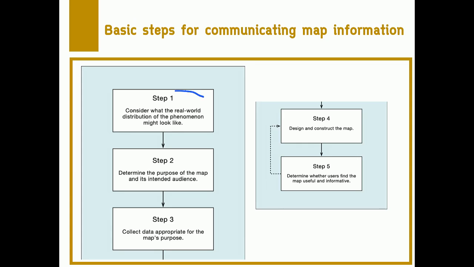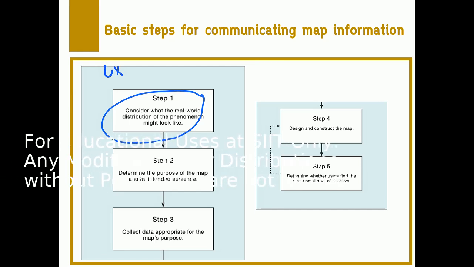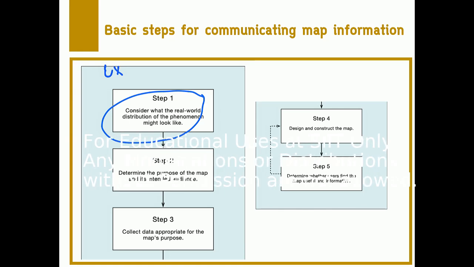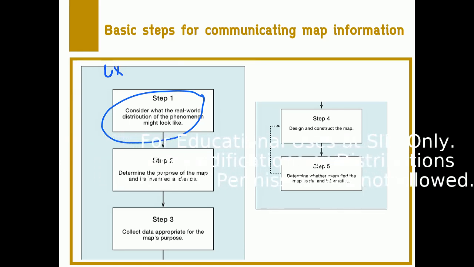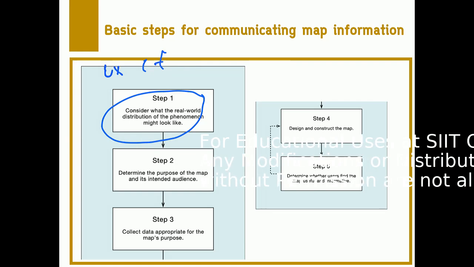From this one, as I told you, you can do UX or user experience first. What is the gap of your mini project, or do you want to make a hot issue topic? For example, I don't need to talk about politics. Politics might be okay, but for example, forest fire.